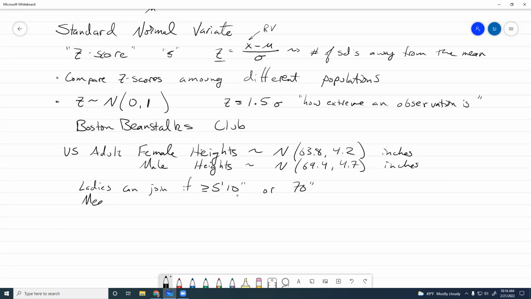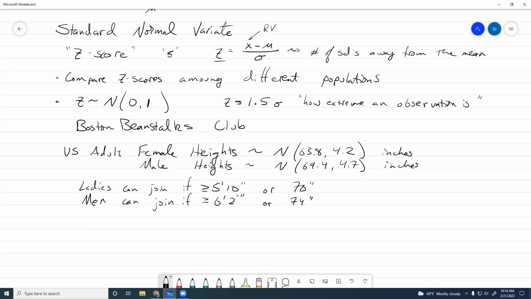And men can join, Freudian slip there, men can join if their height is greater than or equal to 6'2", which would be 74 inches.